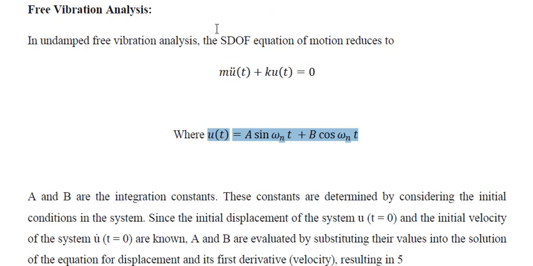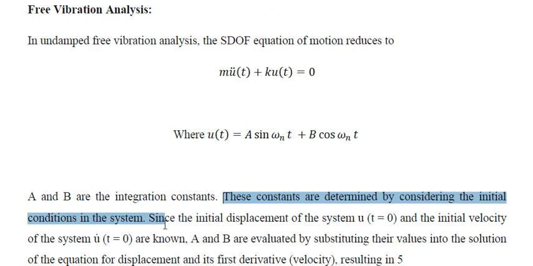That is, u of t is equal to a sin omega n t plus b cos omega n t, which means the equation is sinusoidal in nature, where a and b are integration constants. These constants are determined by considering the initial conditions in the system.